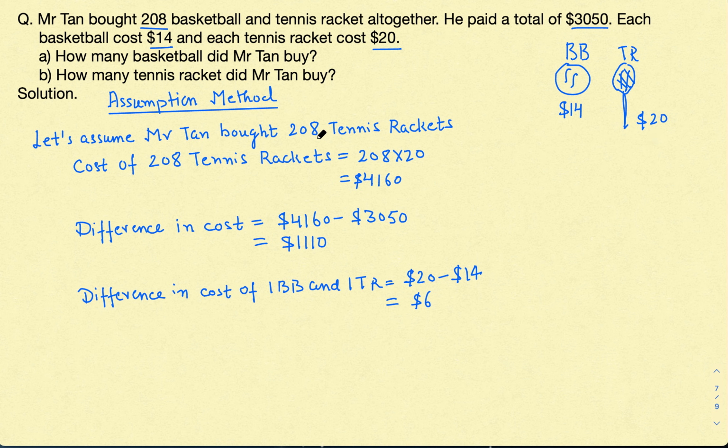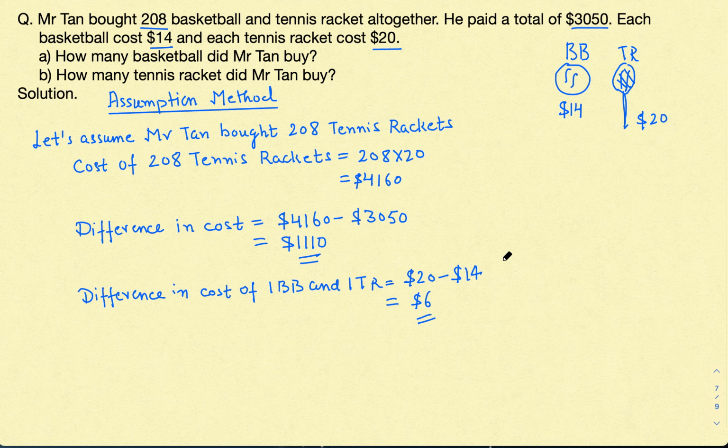Here we have assumed that all of them were tennis rackets, but in reality there were a few basketballs and a few tennis rackets. So in total, we have paid $1,110 more.